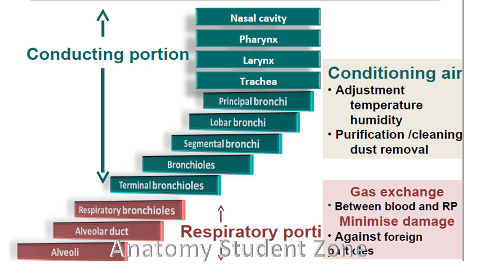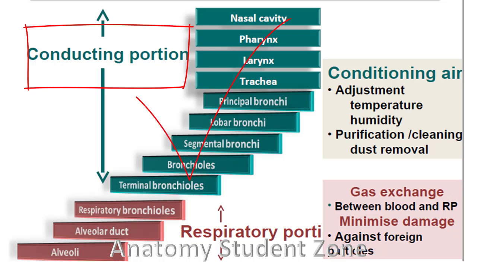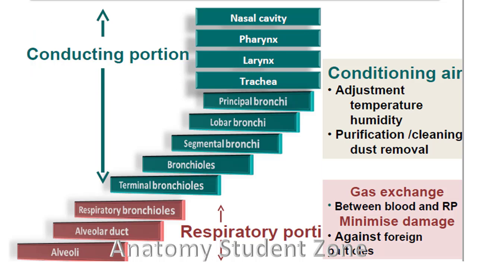If I talk about the functional or histological division of the respiratory system, I will say functionally the respiratory system has two components: the conducting and the respiratory portion. The conducting portion consists of all parts that conduct air and bring this air into the lungs, while the respiratory portion includes the part where gas exchange actually occurs.